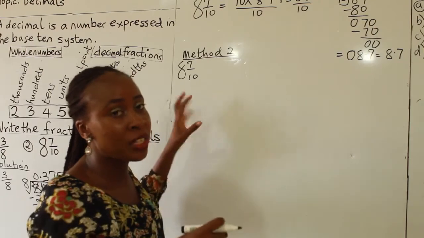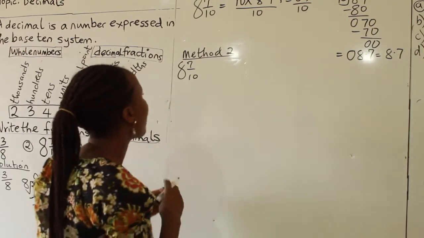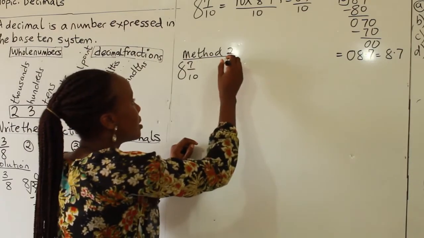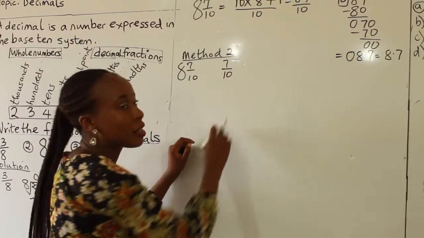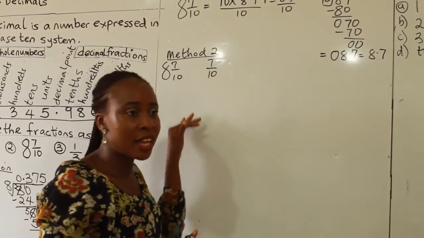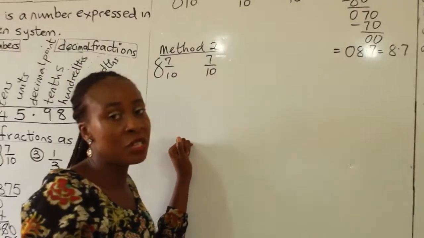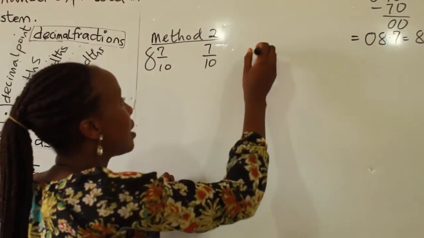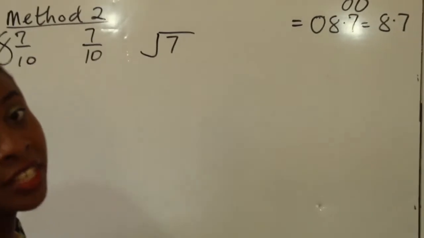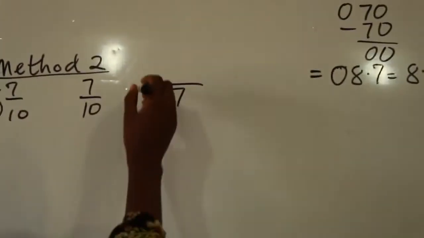That's what we're supposed to do in the second method. So we'll be dividing just 7 over 10. 7 over 10 means 7 divided by 10. 7 is the numerator and it will be divided by 10. So we'll write our 7 inside, which is the dividend, and our divisor is 10.